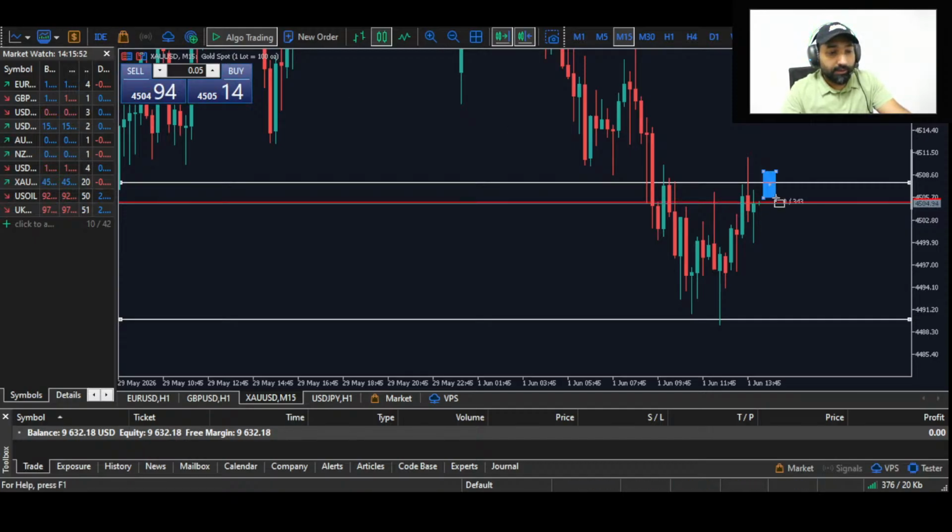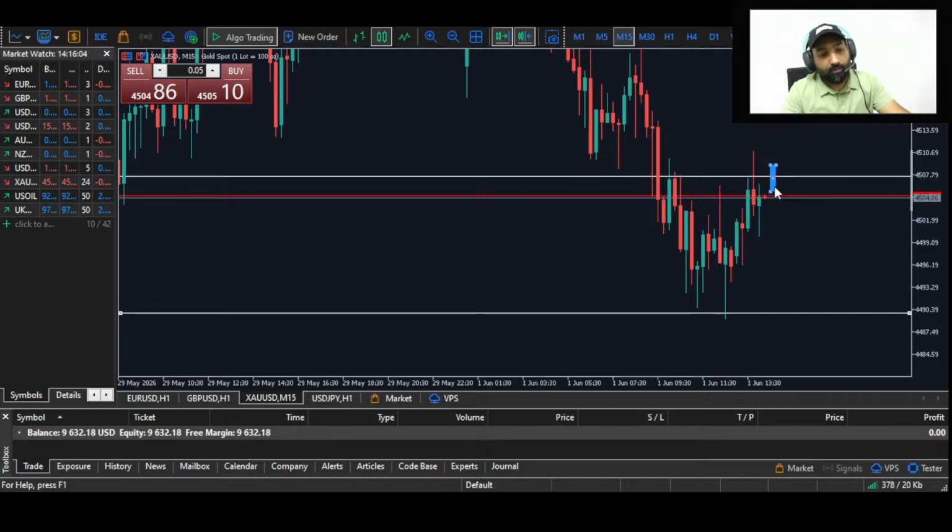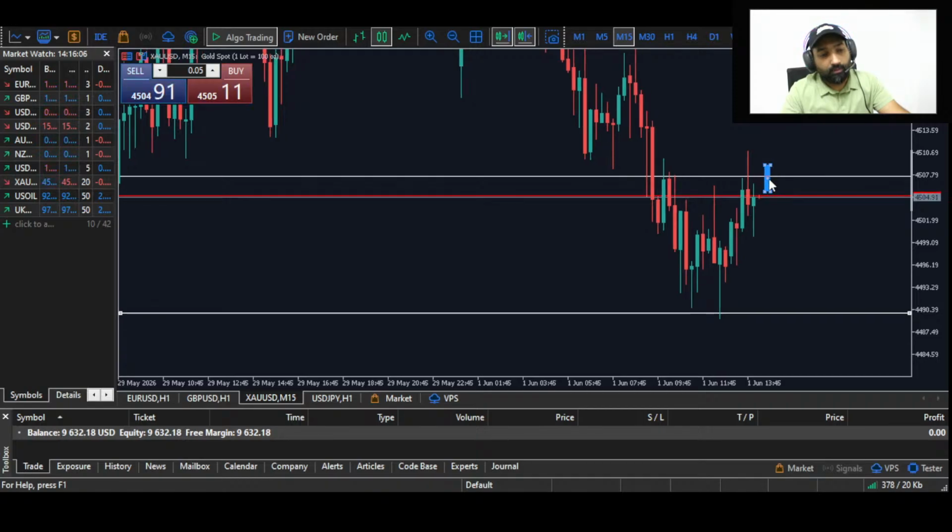We are in the range the moment we get any candle like this, something like this, or something about this, because this is where the market is falling.